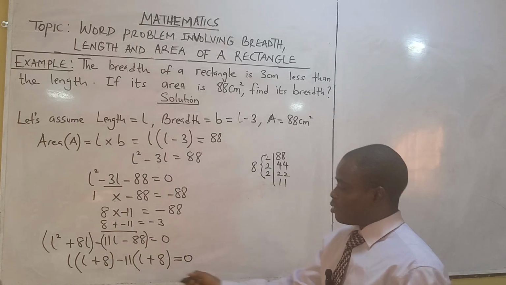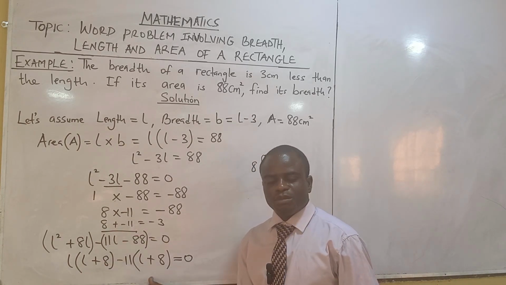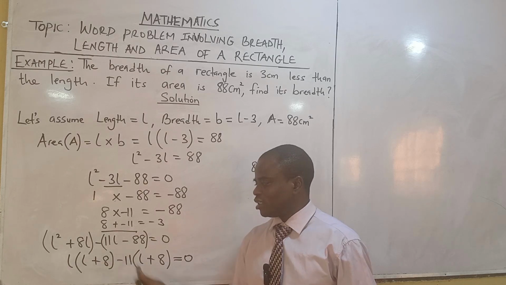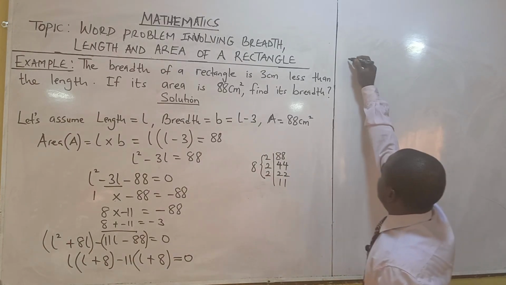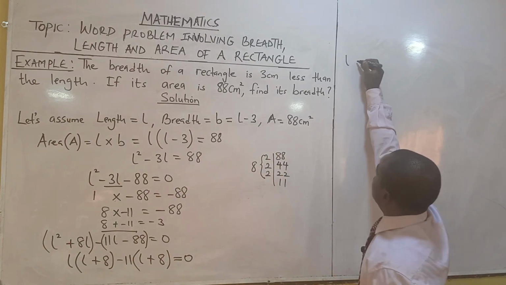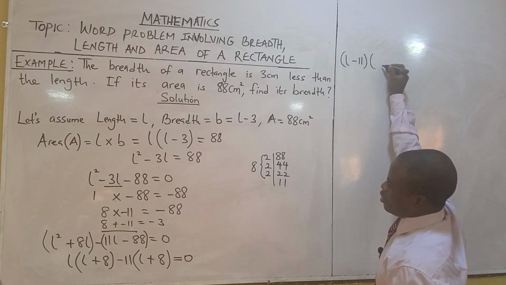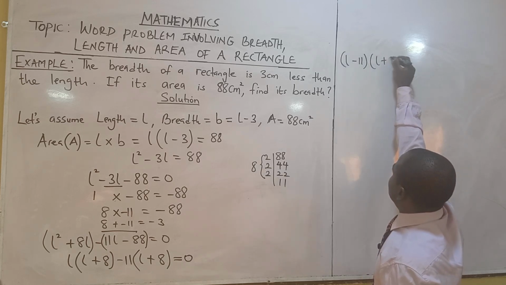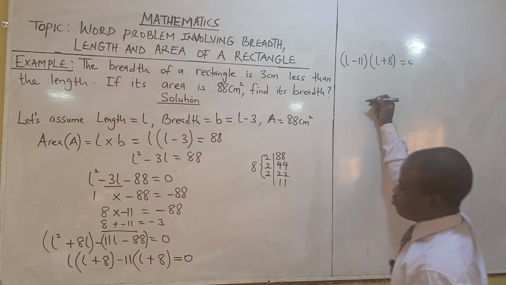Now, see, anytime you are factorizing and you have the same value in the brackets, that means that you are correct. But if they are different, it means that there's a problem somewhere. Now, L minus 11, close the bracket, and pick one out of the two, L plus 8 equals 0.